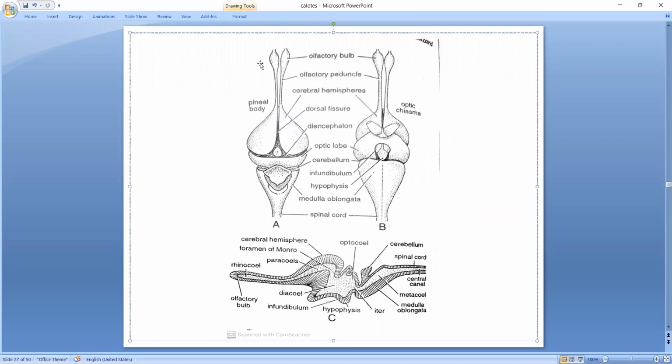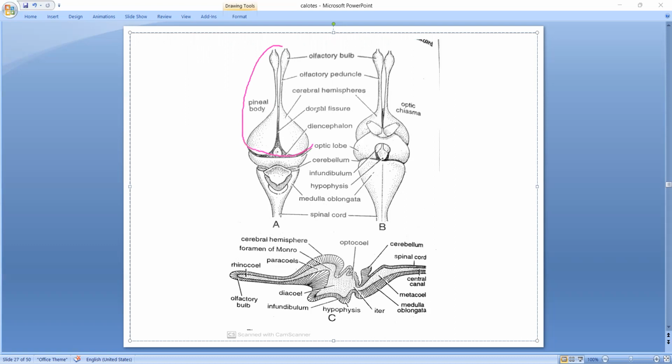Basic things. As usual, just like other vertebrates, here also the brain has three parts.